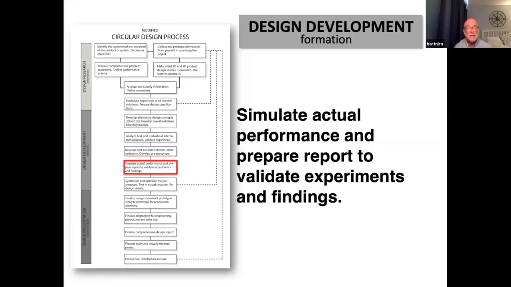We don't take the time to validate the pre-prototype. A lot of times we go from an idea, concept, and then straight to a prototype and not a pre-prototype where we can test things. And this has to be done where you test the actual performance. And then you write a report and validate your findings.